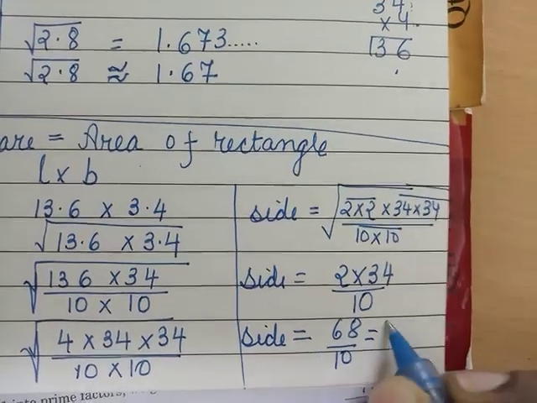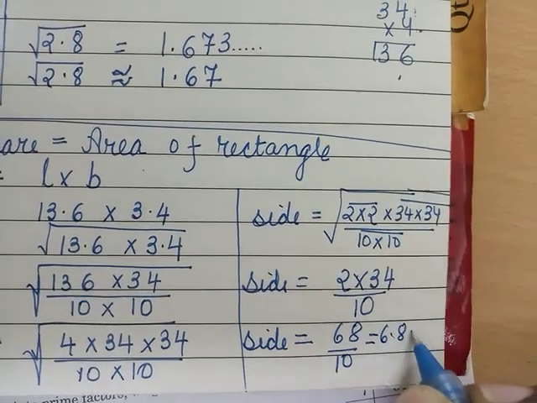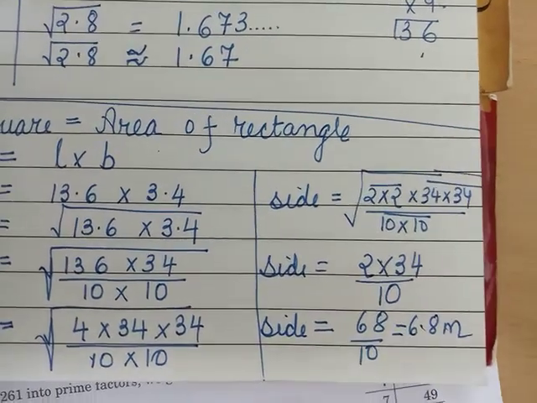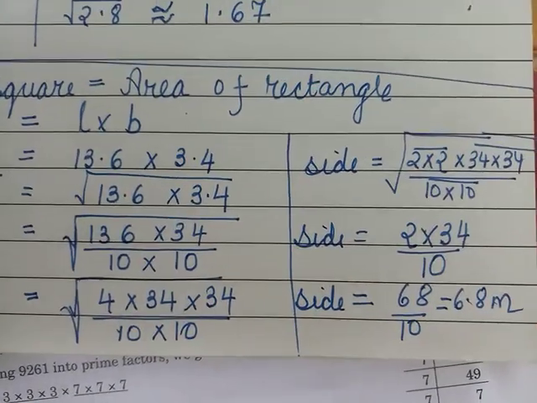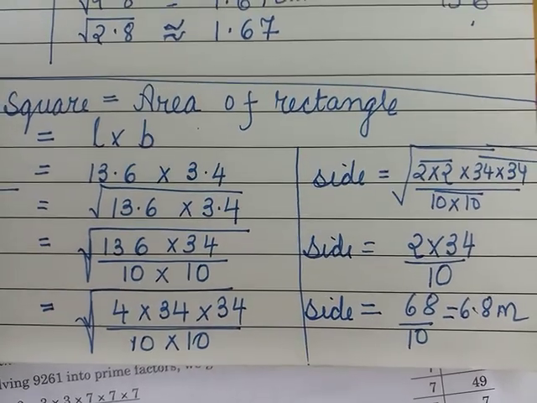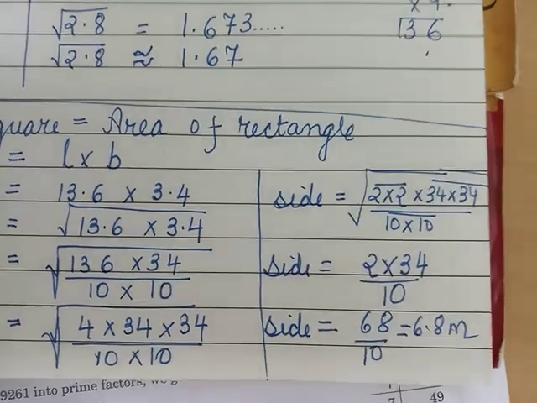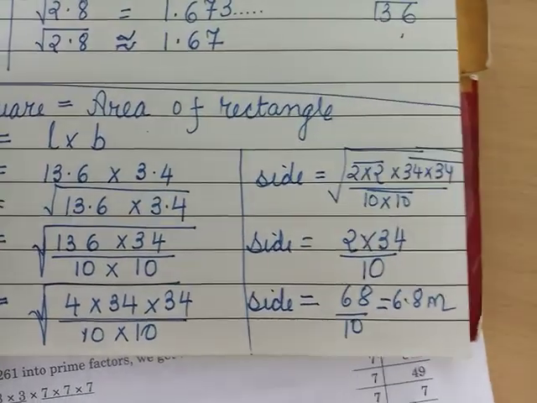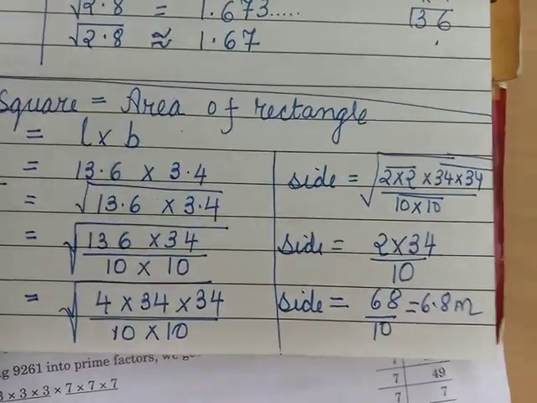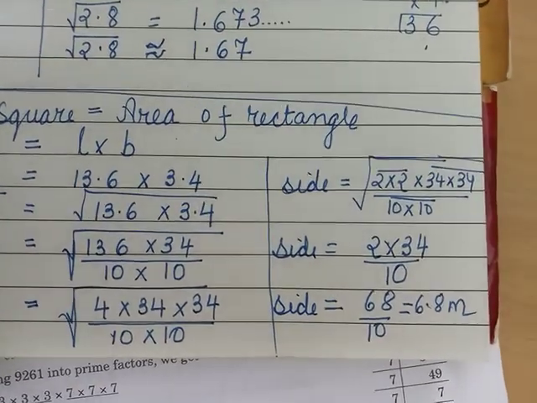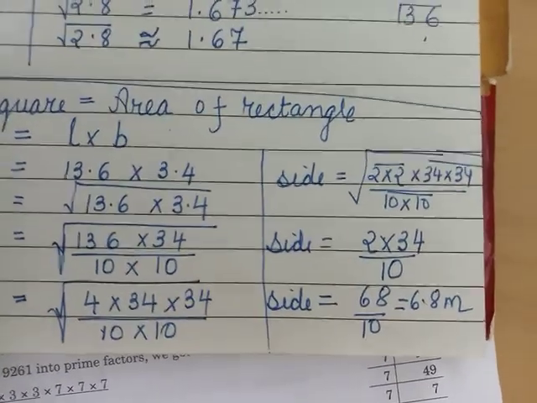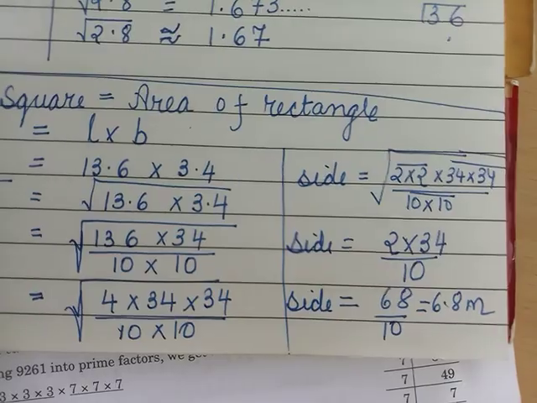That becomes 6.8 meters. That means the side of the square is 6.8 meters. See students, if we want the square root of any number, we can make pairs of the number, and take out one number out of each pair to give the square root.